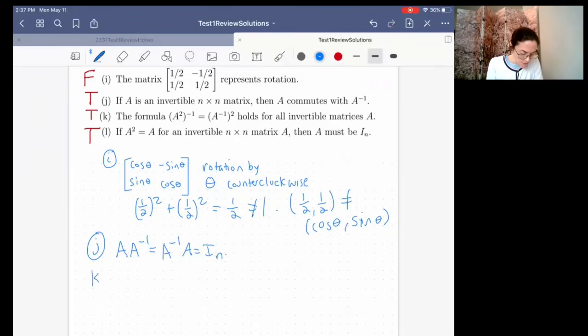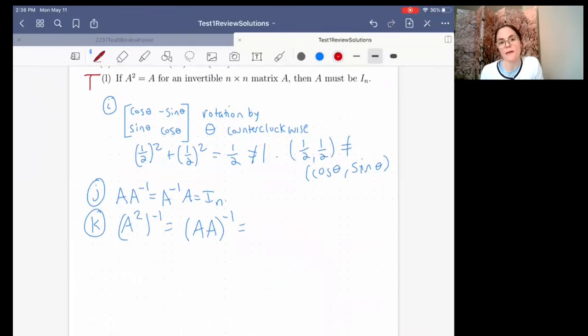K is true, and why is this? Well, let's start with the left-hand side. We'll prove it. The left-hand side, A squared inverse. Well, first of all, we know A squared is A times A. And now let's remind ourselves the formula. There's another way I could argue this, but we know if you have AB inverse, this equals B inverse A inverse.